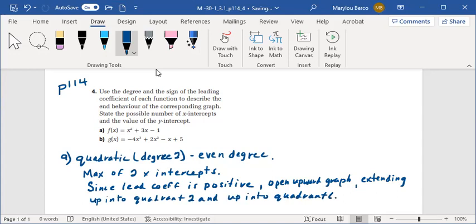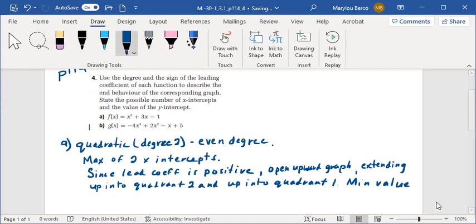It has a minimum value. And the graph has a y-intercept of -1.